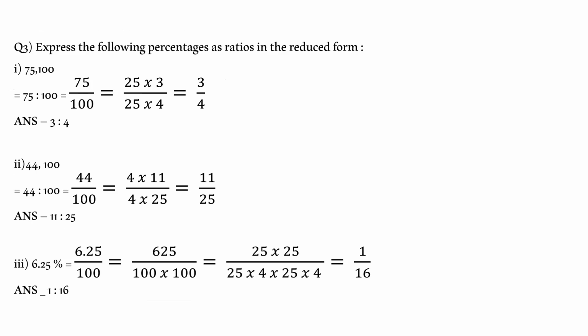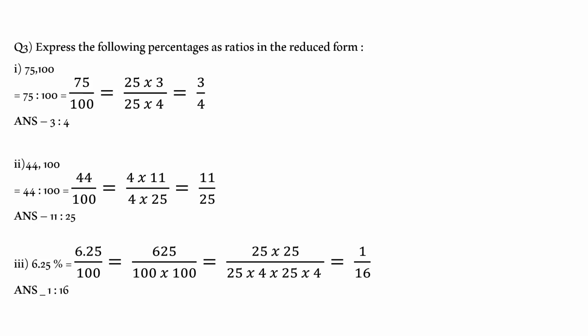Express the following percentages as ratios in the reduced form. Okay, so we have to express them as ratios, that is in the form of fractions, that is in the form of numerator and denominator. What do you understand by ratio?